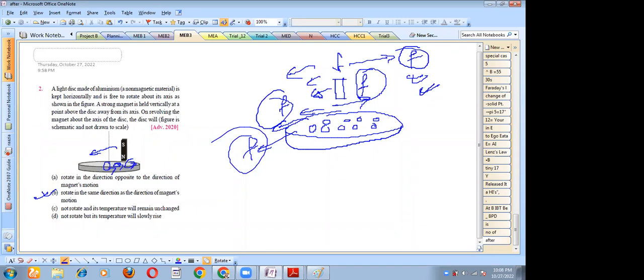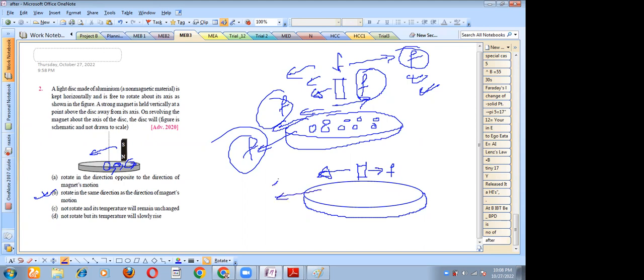Have you understood? Which two forces did you say will be in the same direction? See, the disc is like this. Suppose the magnet is moving like this. So the frictional force on the magnet will be in the opposite direction. Understood this? Yes, sir. So the frictional force on the disc will be in this direction because of Newton's third law.